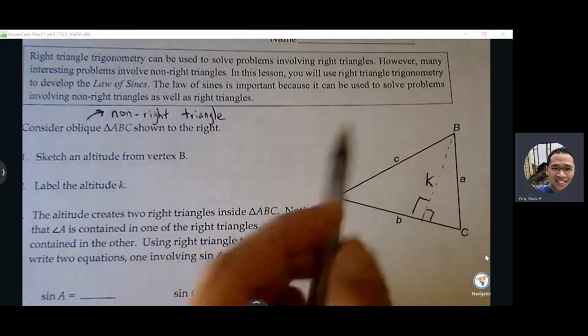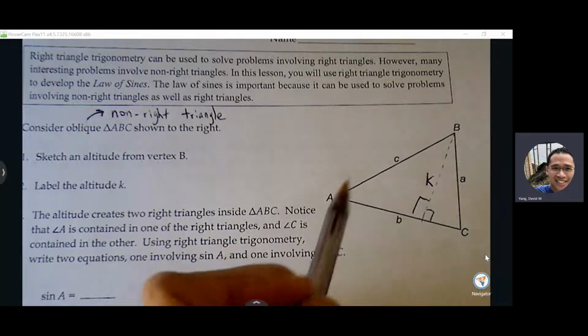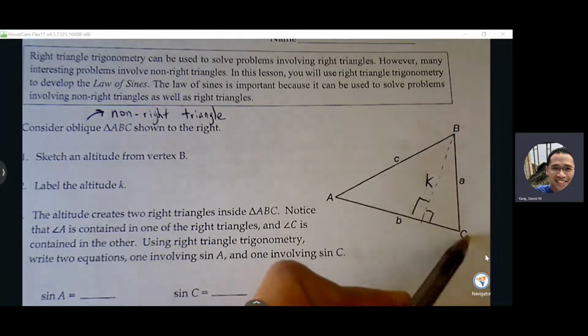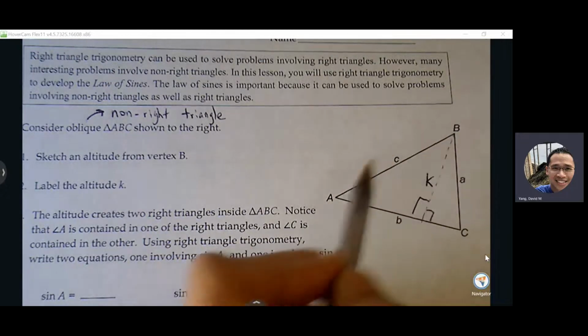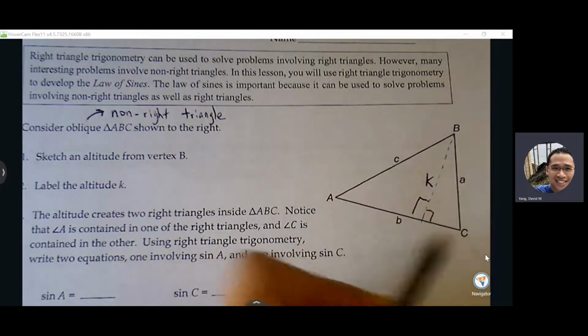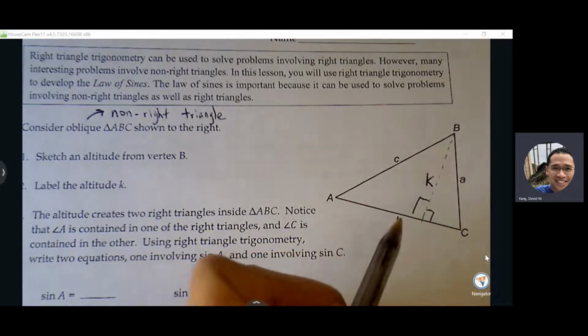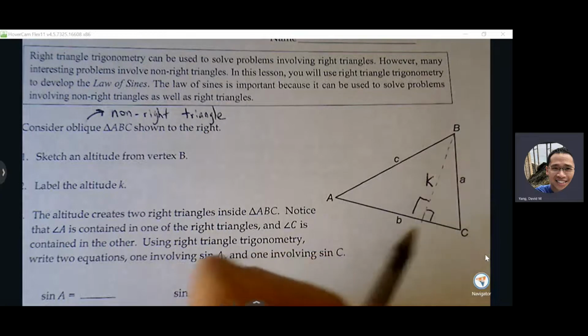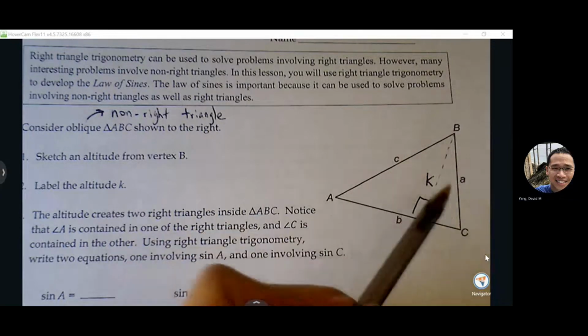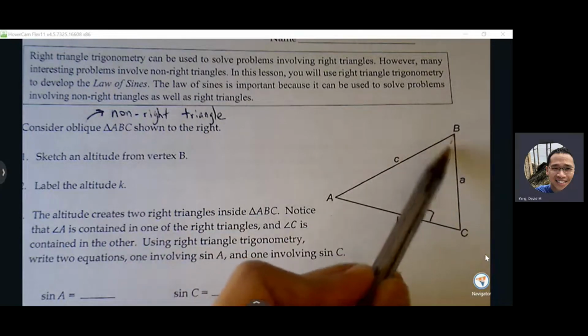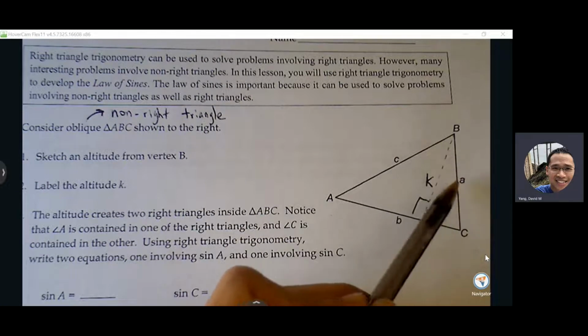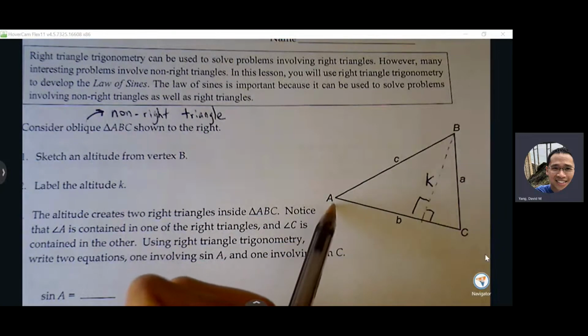Okay, just some review here. Uppercase letters are the angle measures of a triangle, and the lowercase a, b, and c are the side lengths. Your lowercase side length is always across from the uppercase angle.